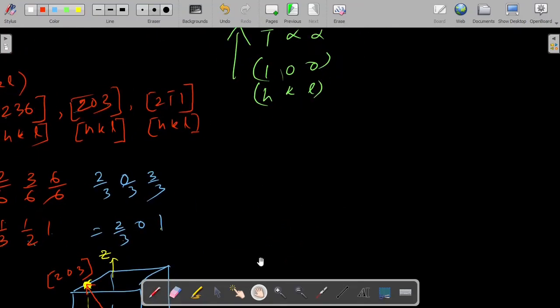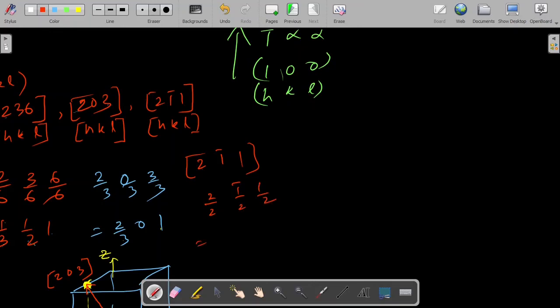2, 1 bar 1. That's the direction we need to draw. So what do we have to do? Take the maximum. So this is 2. So 2 over 2, 1 bar over 2, then 1 divided by 2.